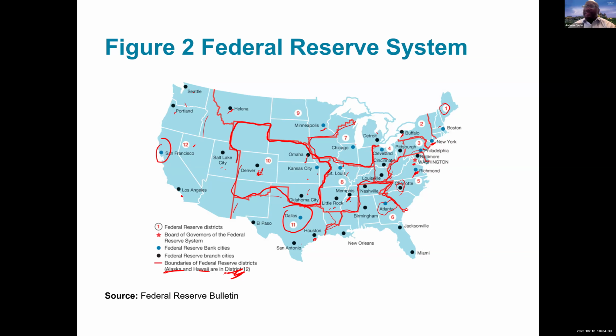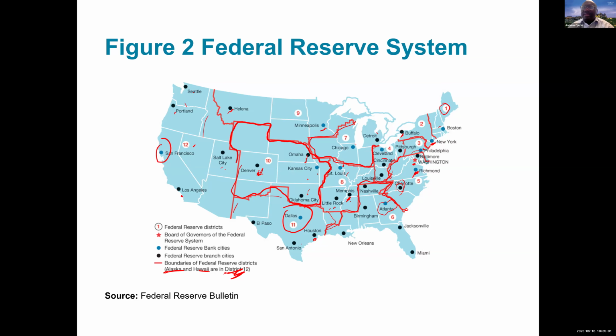So in terms of jurisdiction and the maps of the 12 district branches, this is how brilliant the congressmen and women were who wrote the Federal Reserve Act that created the Federal Reserve System. They made sure the Federal Reserve was created as a decentralized system, that there are branches of the Fed all over the country, so that if there's somebody who hates the idea of centralization of power in Washington, D.C., they cannot blame this.